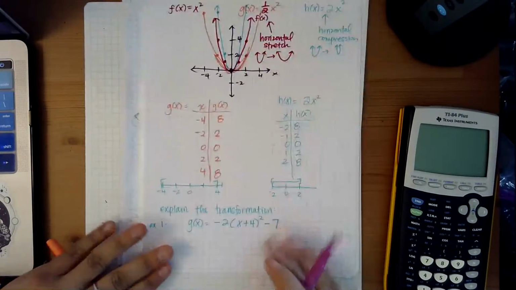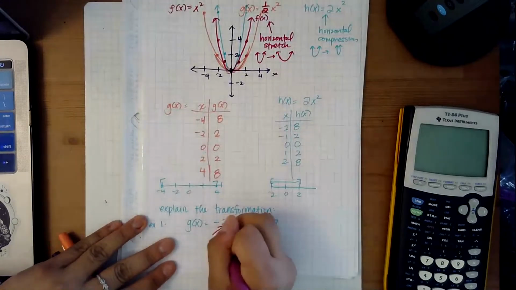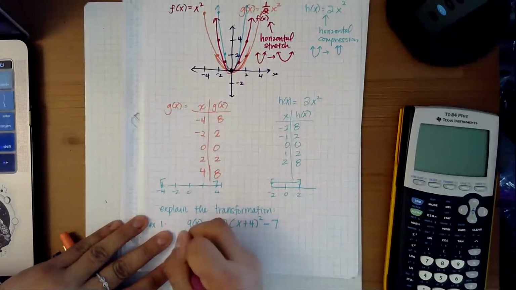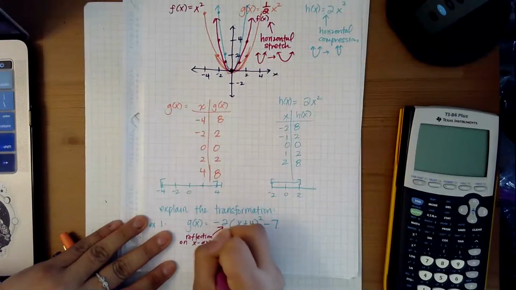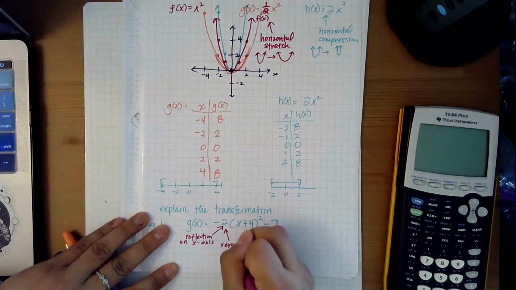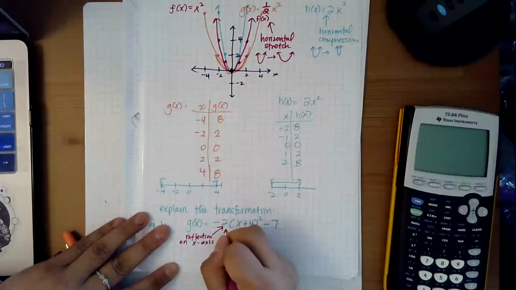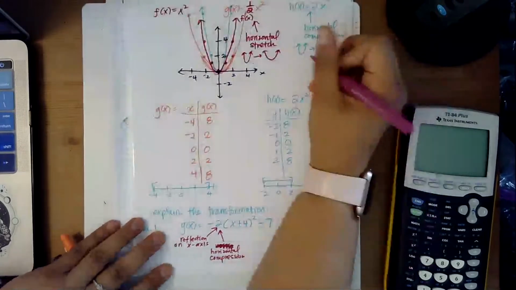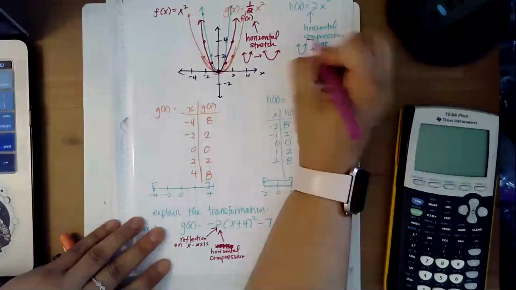So it's negative 2. This has two different things. It has a reflection on the x-axis because of the negative. It also has a horizontal compression. Because when A is greater than 1, it's compression.